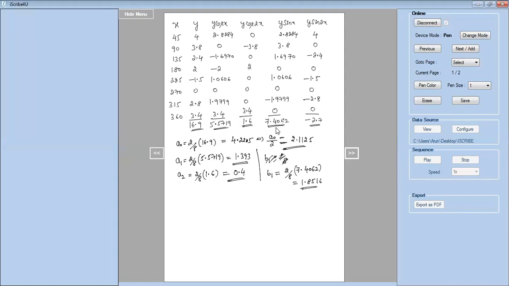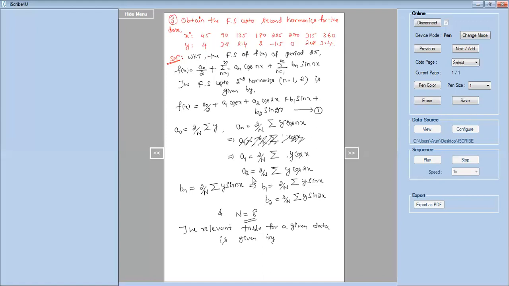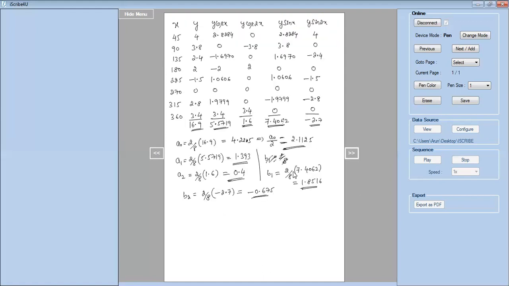So this is our B1. And finally B2 is 2 by n, n is 8, summation y sin 2x, and y sin 2x is minus 2.7. So we get B2 equals minus 0.675. Right? So if I substitute the summation values in this formula and simplify, we get the values of A0 by 2, A1, A2, B1, B2.